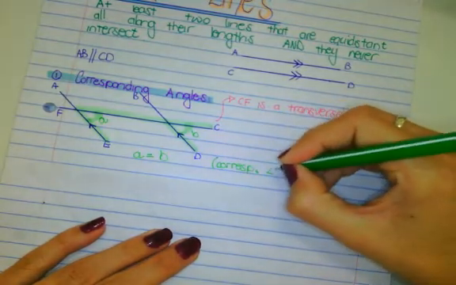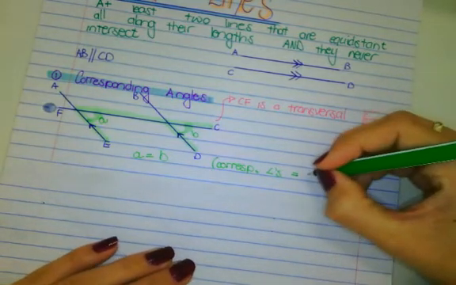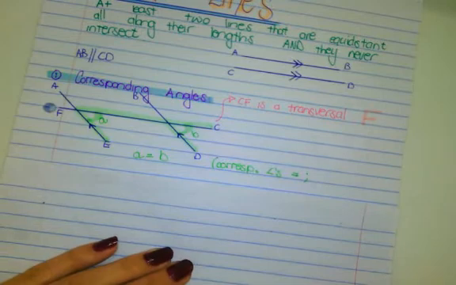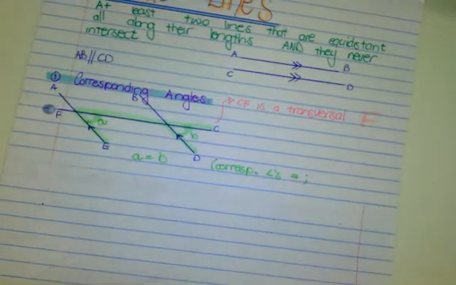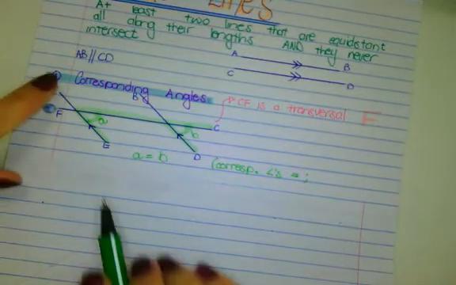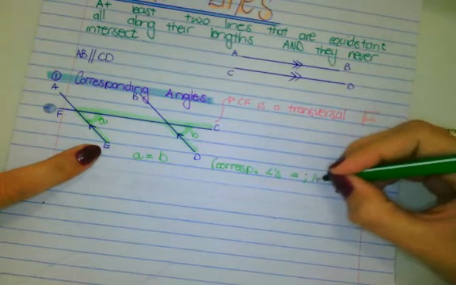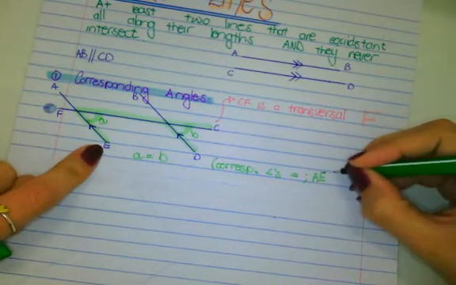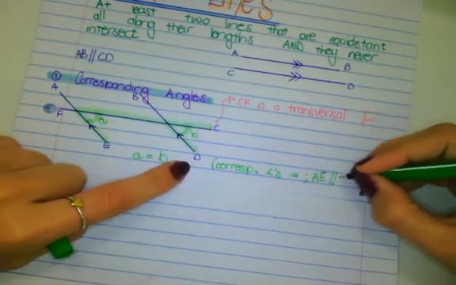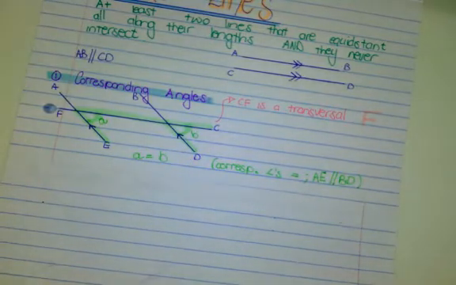corresponding angles equal. And more than that, you also have to state your parallel lines. With all three of these reasons, you have to state your parallel lines. So in my diagram, my parallel lines are AE, which is parallel to BD. That is our reason for this question.